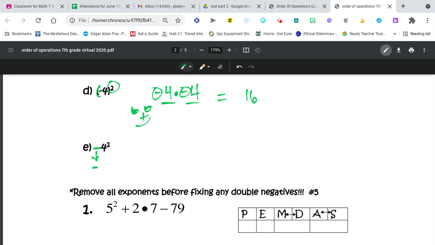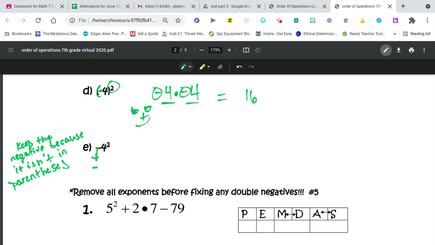All right, so since you don't see parentheses, you want to keep bringing that negative down. So you're going to keep the negative because it isn't in parentheses.